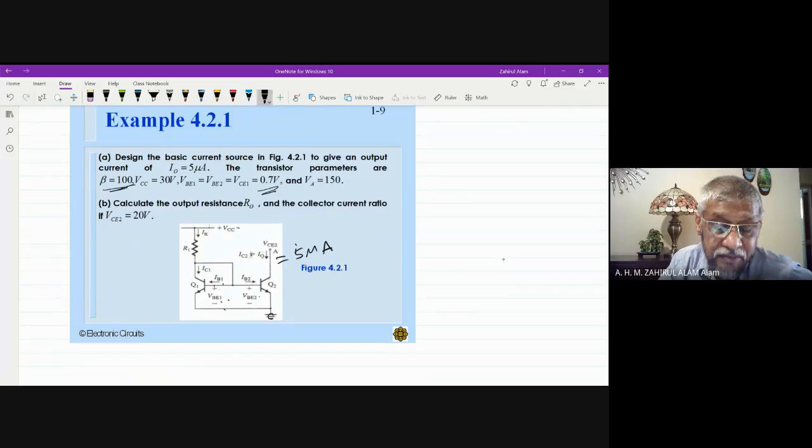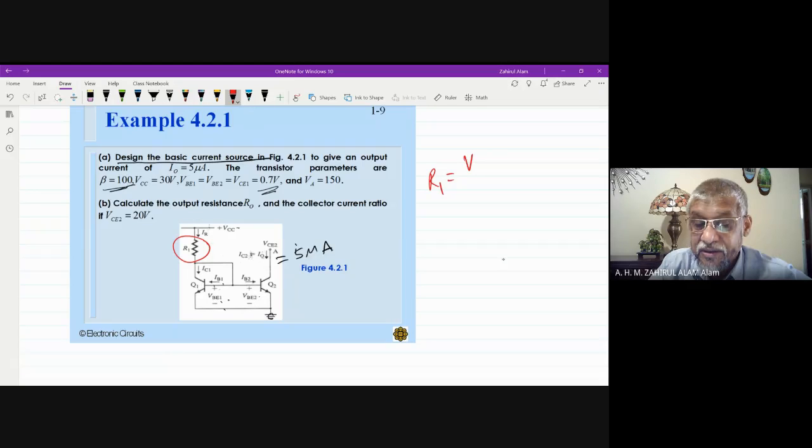So the first problem is to design the basic current source. That means in this case, we need to find the value of R1. How to find R1? R1 is equal to VCC plus VE minus VE1 divided by IR.